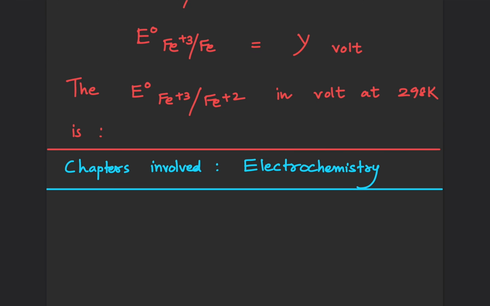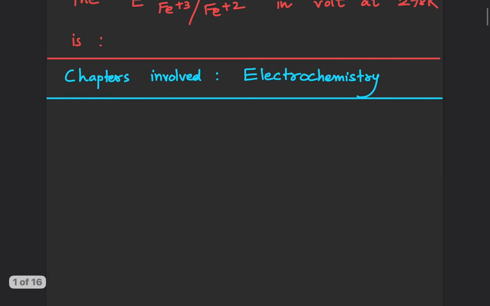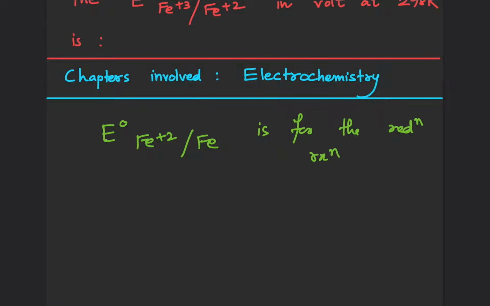So when they say E naught of Fe+2 to Fe, E naught is obviously the standard electrode potential, and it is for the reduction reaction. How do I know it is reduction?